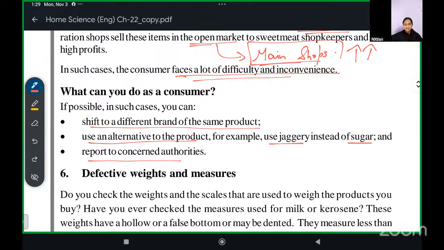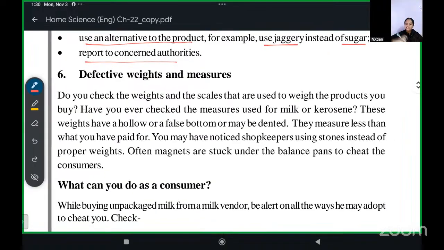Jaggery is healthier compared to sugar because sugar is way more processed and harmful for our health, and jaggery is natural. Report to the concerned authorities.